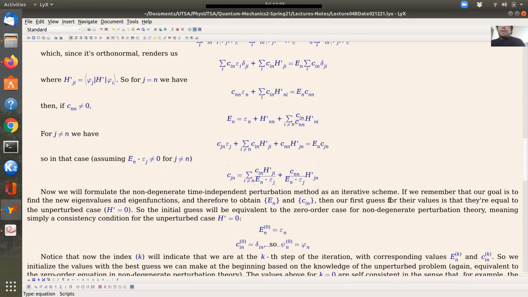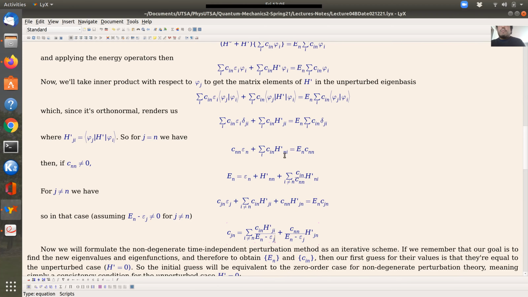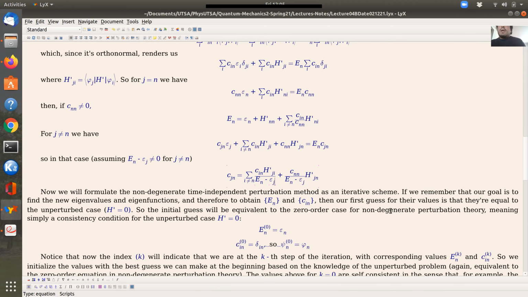So how are we going to do it? Well, we're going to use an equivalent version of these two formulas, actually two pairs of formulas, as a way to define an iterative scheme. And think about it computationally, right?